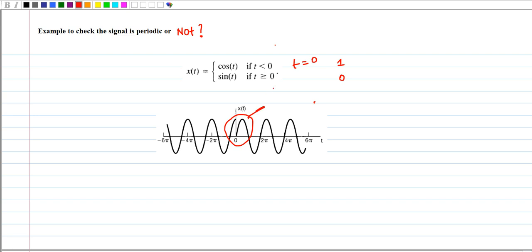Sorry, there is no discontinuity; there is a pattern of the signal at the origin. This pattern does not appear anywhere else. Even if you plot the signal x of t, the pattern at the origin does not repeat anywhere in the time extent from minus infinity to plus infinity. Therefore this signal is an aperiodic signal.